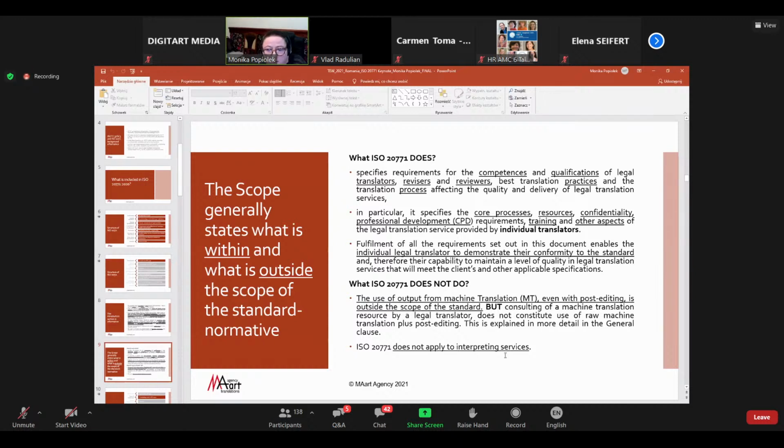In other words, it means that if you're doing this, you're not working according to this standard. But there is a caveat here because nowadays, I think most of you know, we operate in what could be referred to as augmented translator reality. In other words, what the translator does normally is that they work in some sort of an environment and they use tools.